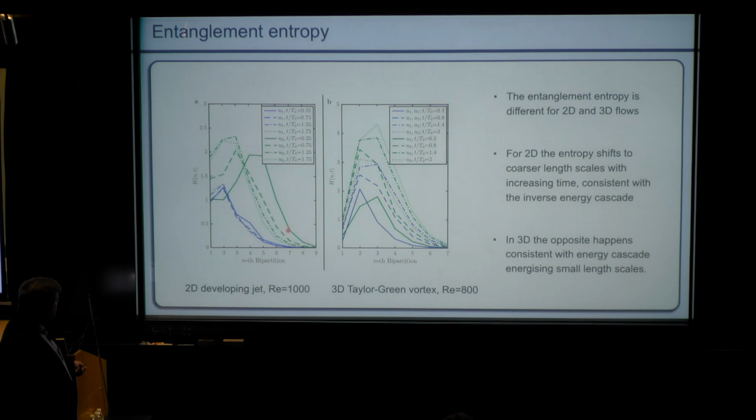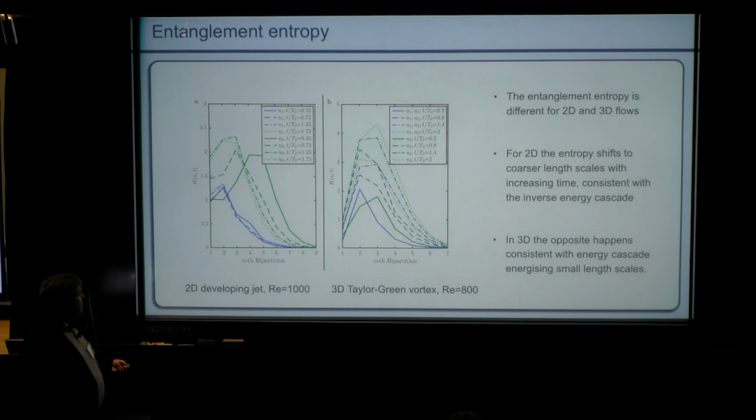The values down here give us an indication of how much correlation or how much is going on at very small length scales, and here at very long length scales. Initially, we have this solid curve here. As time increases, these curves move towards longer length scales, indicating that the eddies, the structure of the flow, move towards longer length scales.